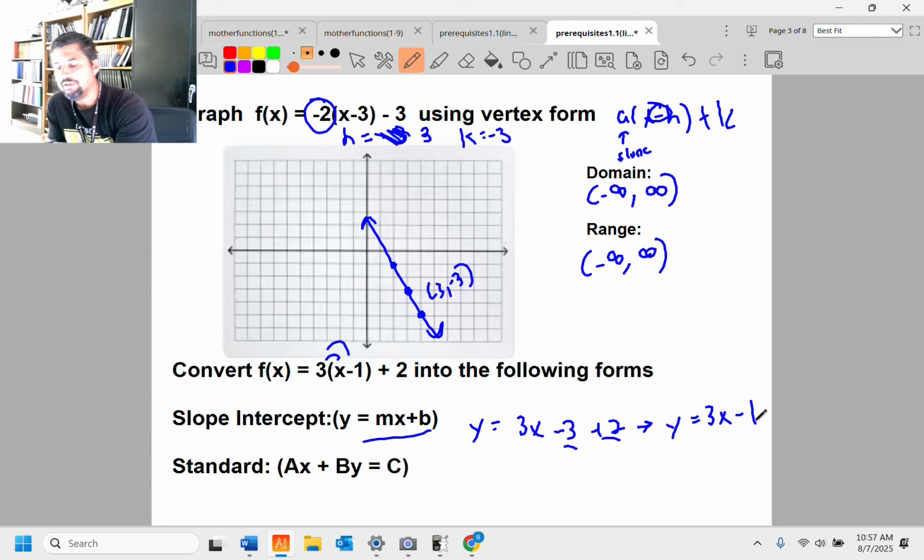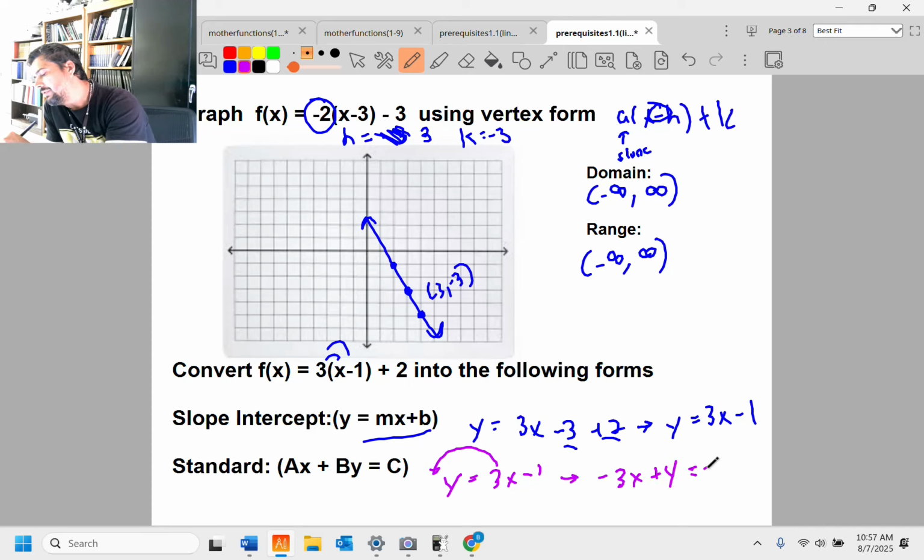That's mx plus b. Standard, which is ax plus by equals c. Now, we're going to work off of this one. So let me write down what I've got thus far. I have y equals 3x minus 1. And just like the one I did on the previous page, this belongs over here. So this becomes -3x plus y equals -1.